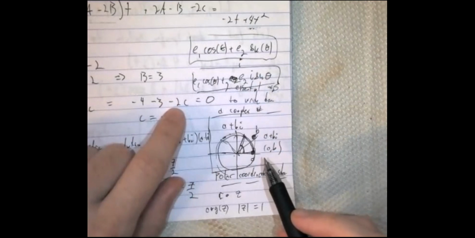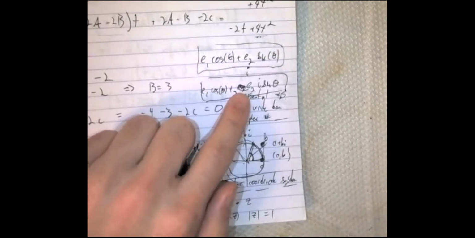Okay, that makes sense. As to why this should be equal to exponentiating something, I think that the passage between this and e to the i theta has to be in terms of series.